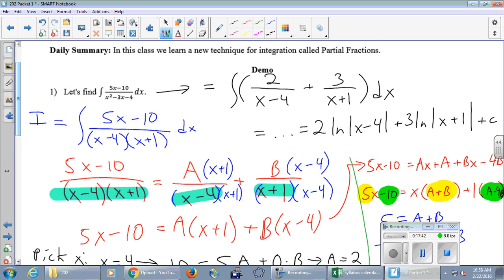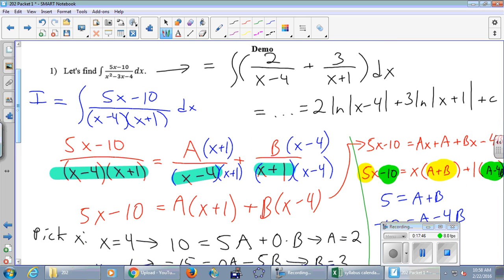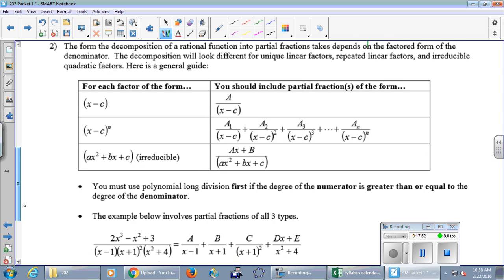Okay. So I'm going to put a damper on your spirits, but like I said, this is the easiest kind of partial fractions one. So let's take a look down below. All right. So depending on the way the denominator looks, you're going to set up the fractions on the right-hand side differently.